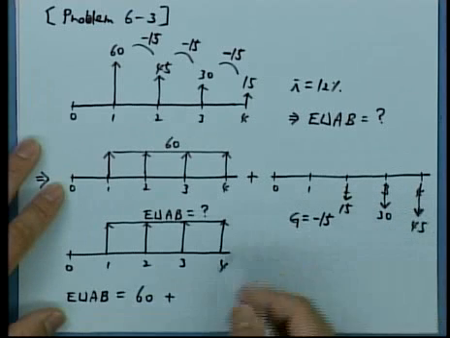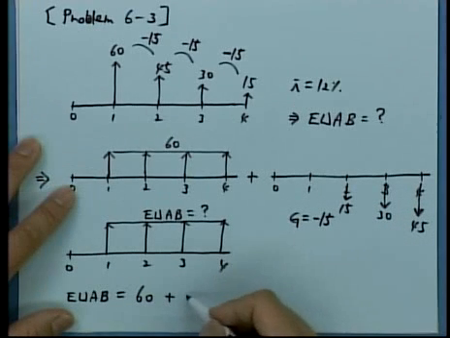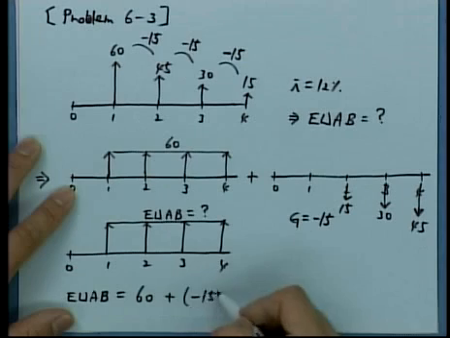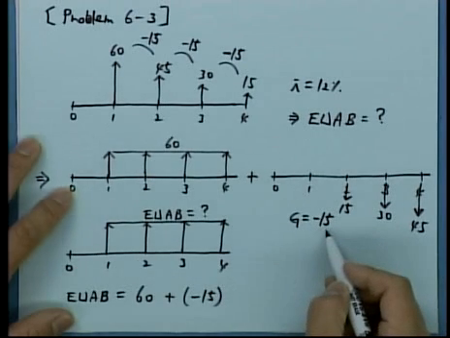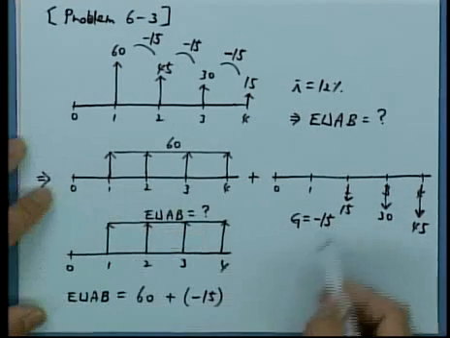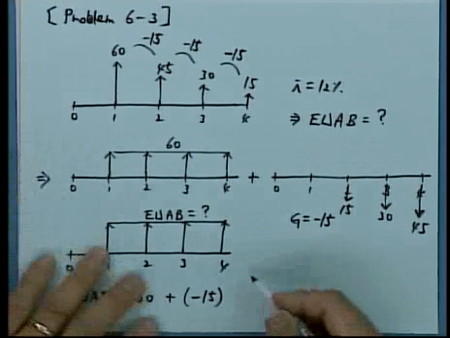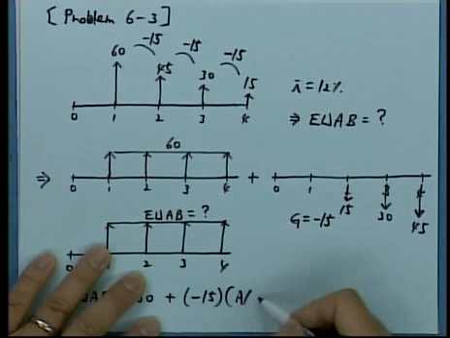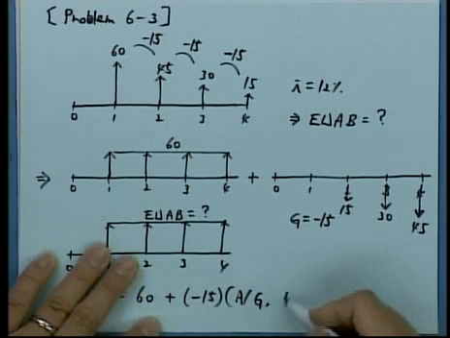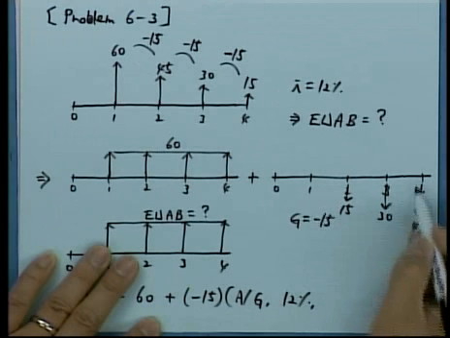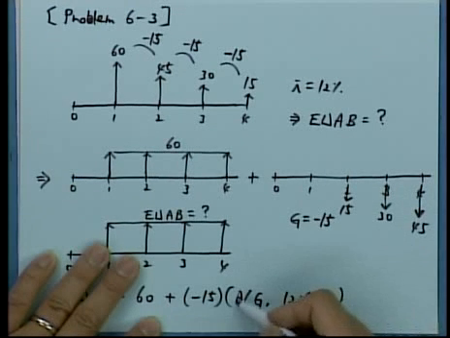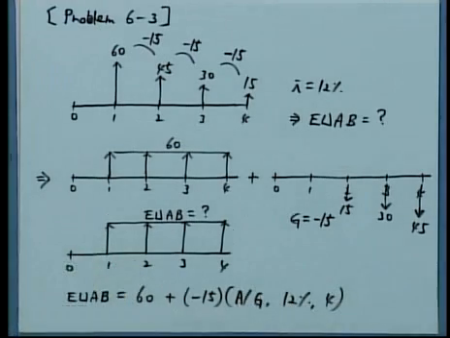Actually, this is going to be negative 15, because the arithmetic gradient is negative 15 times A given G, 12% over 4 periods. That's it.